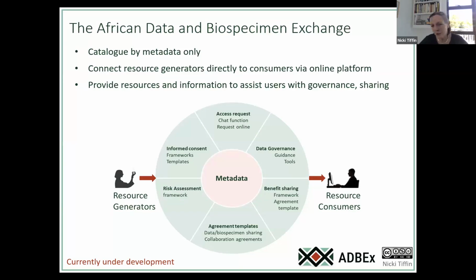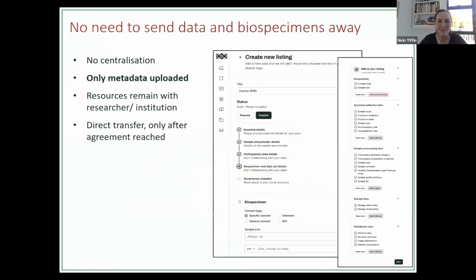And then people who are looking for those kinds of resources can search the platform, and they can find the kinds of data, information or sample collections that they'd like to be using for their research. So it's a direct connection, but without centralizing or uploading any of the resources.